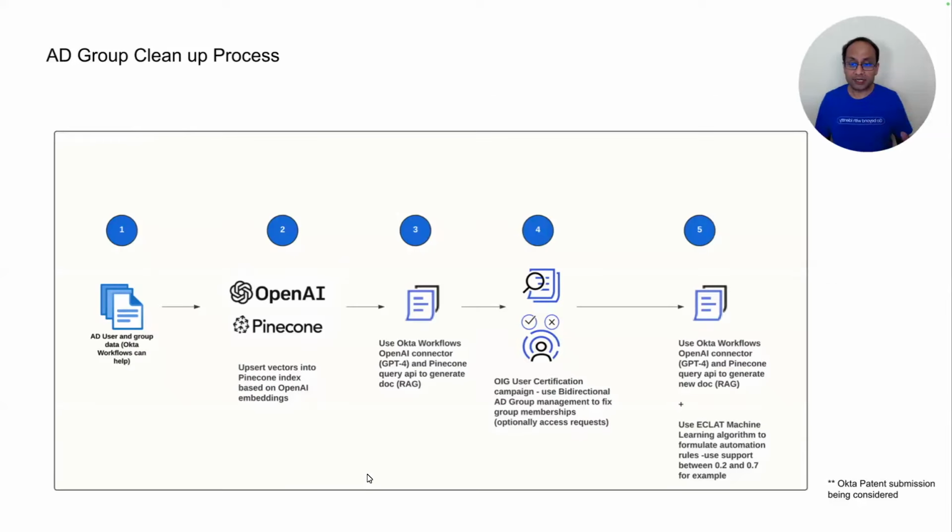The big picture is that we will generate the basic data, maybe Okta workflows can help there, of user profile attributes and the security group membership. We will take that data, chunk it up, and we will get embeddings from OpenAI, and then store those vectors in a vector database. We will use Pinecone here.